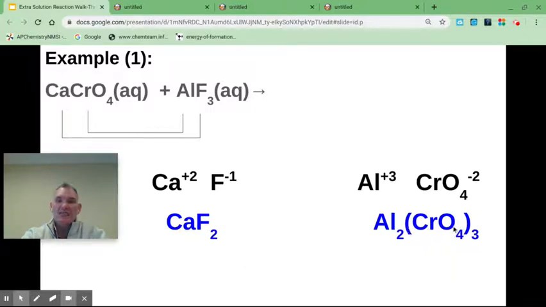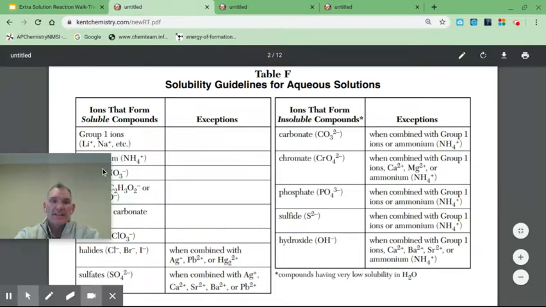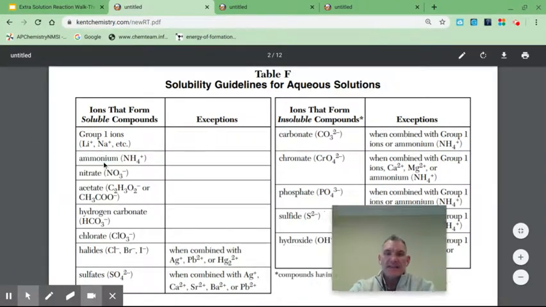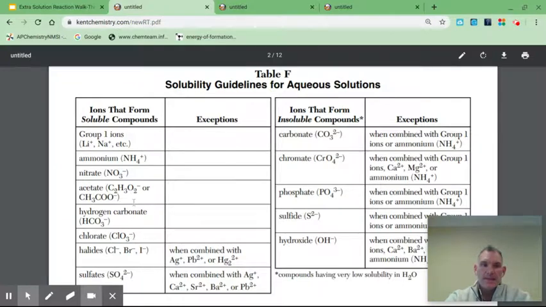CaF2, Al2CrO4. I am now going to look up using my table F. On table F, it says Ca, not here, it's not here. So that means the F is going to be somewhere.